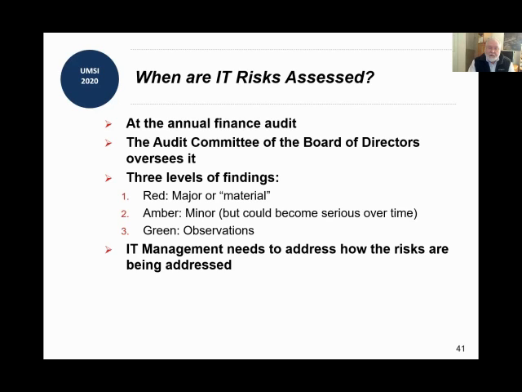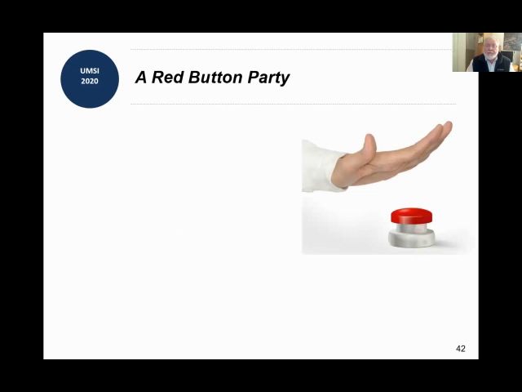So IT management needed to respond to this report and say what was going to be done for each of these risks. How we were going to ensure that those risks were removed, so the next audit that was done in the subsequent year would show, in fact, that they were gone.